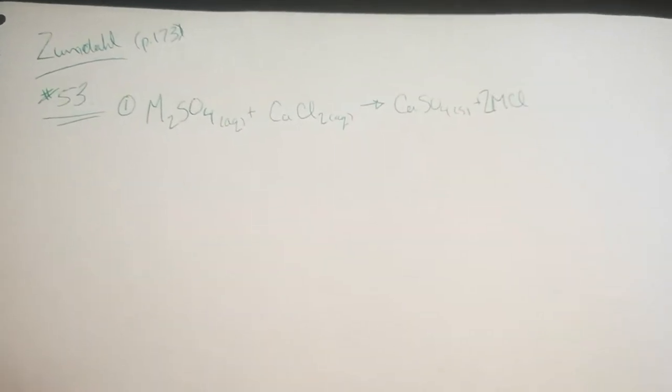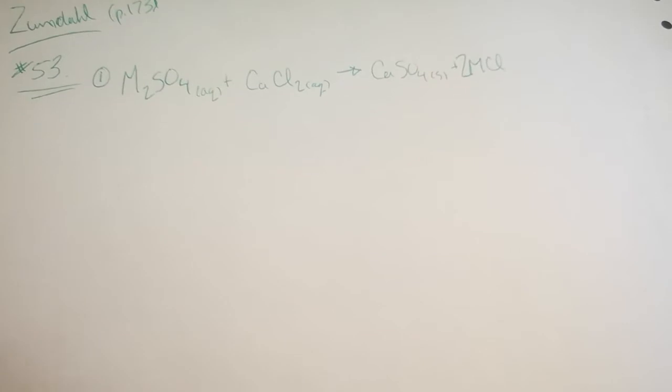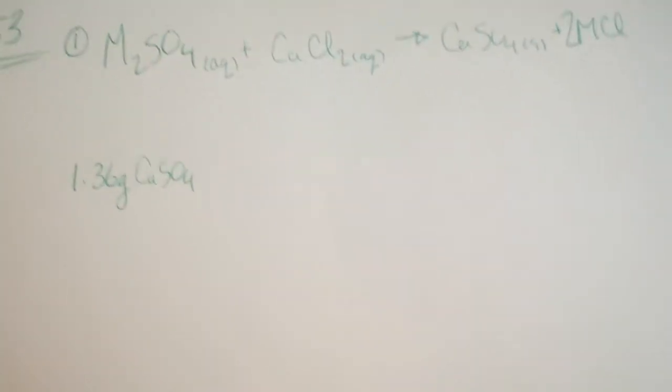Next, let's figure out how we're going to solve for the molar mass of M2SO4. One thing that we know is that 1.36 grams of our precipitate is recovered. So we have 1.36 grams of calcium sulfate. That's the precipitate we recovered, so that's our known. Let's convert that into moles.